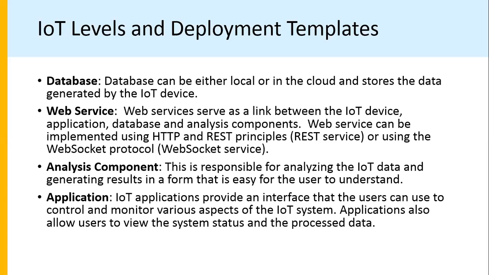Sometimes the database can be locally available, or sometimes it will be situated on a cloud for storage purposes. Then these IoT devices need to communicate data to the cloud, and they require the interfaces there. And that is provided through web services.